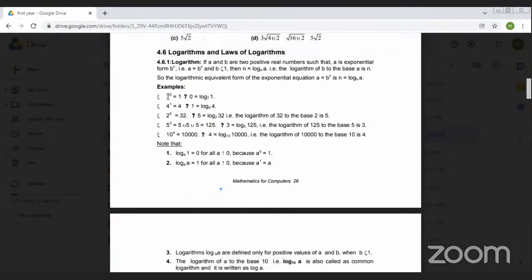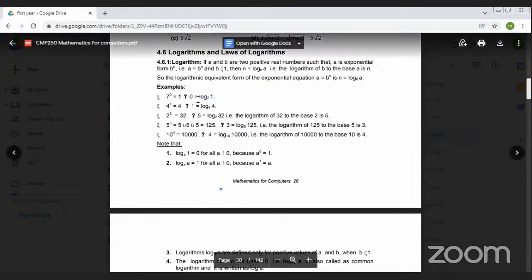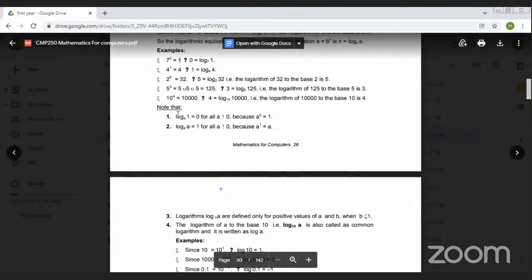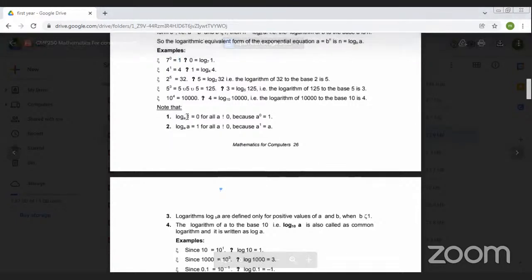For example, 7 raised to 0 is equal to 1. How do you represent it? N is equal to log, here this was your b, so it becomes b over here, into the a part. Now here you need to understand it. Log to the base a of 1 equals 0 for all a not equal to 0.